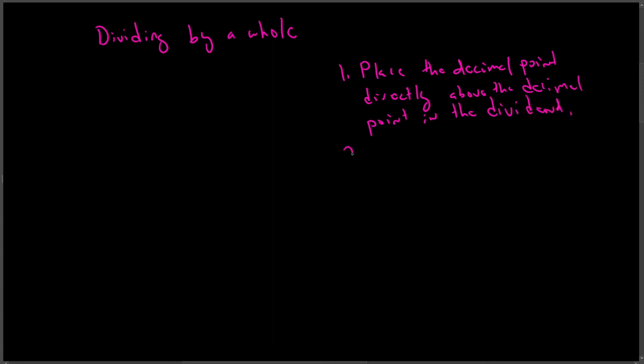And then divide as we divide in whole numbers. Of course, something special will happen with remainders because we won't need remainders with decimal places. So let's look at this rule in practice.